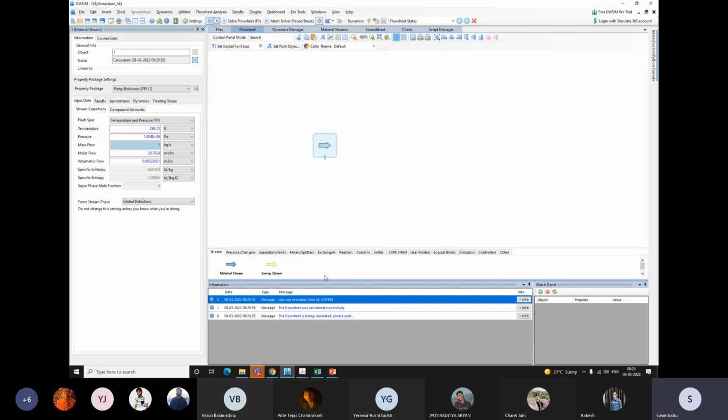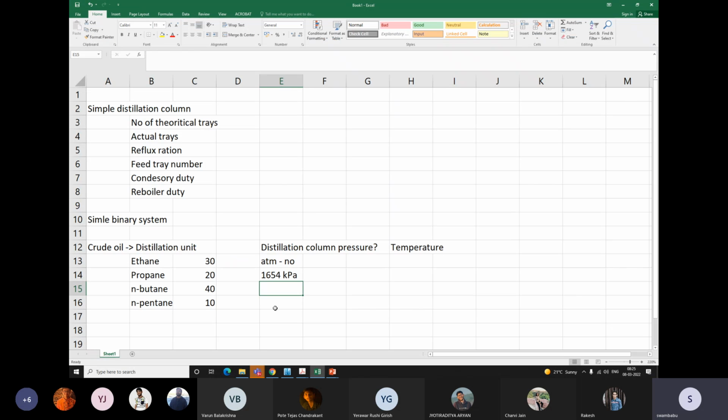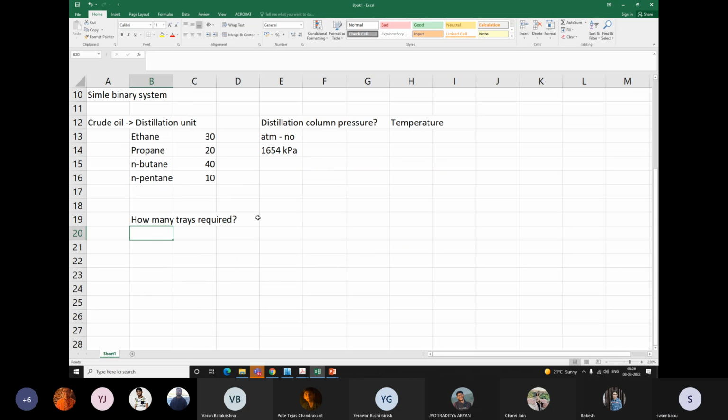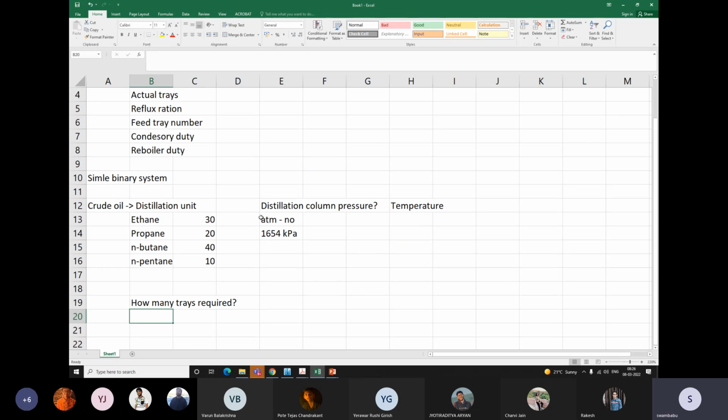Now we wanted to see how many theoretical trays are required, how many actual trays are required. All this information we will find out.